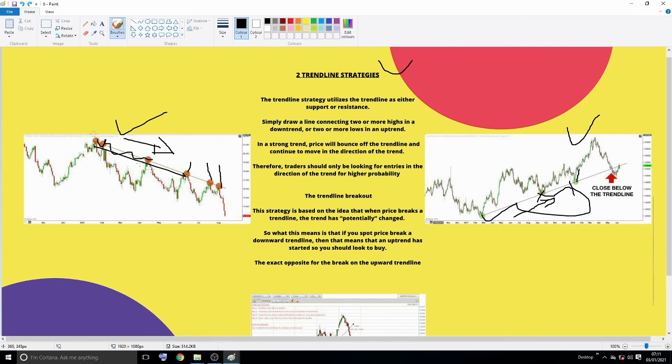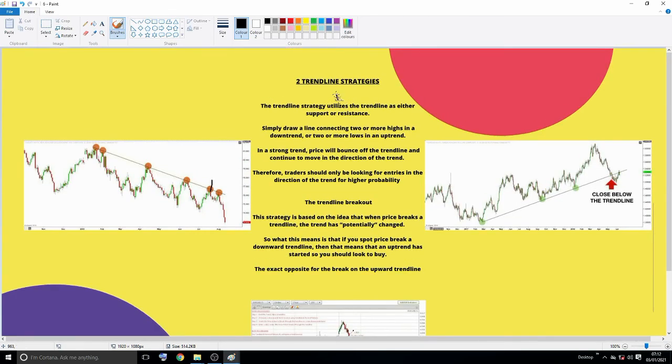If you have this clear downtrend, you can never start looking for buys unless this trend line is broken. If you're trying to buy this pair before this trend line is broken, you will have some serious trouble. And also here, you can never try to sell this pair unless the trend line is broken, and now the price is showing the signs of dropping.